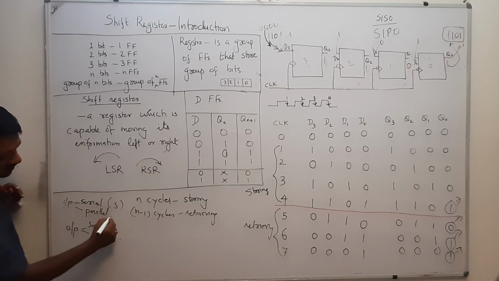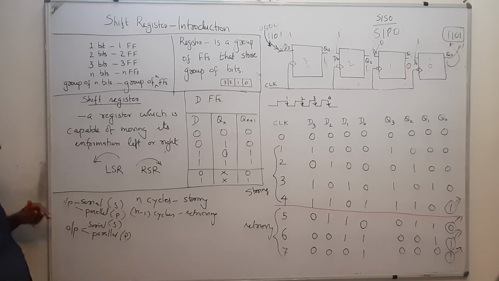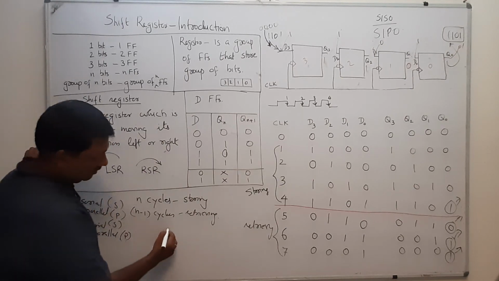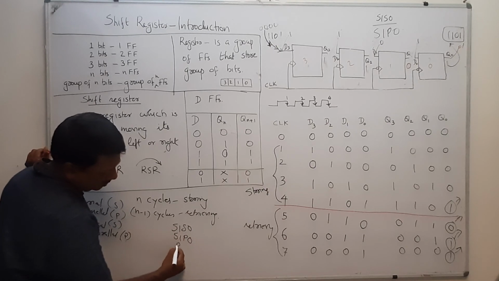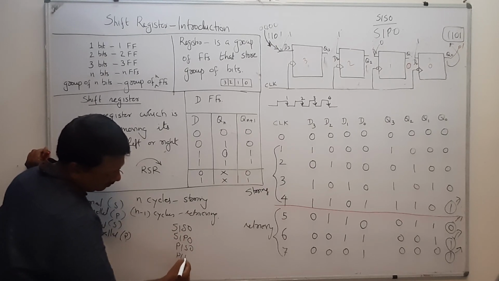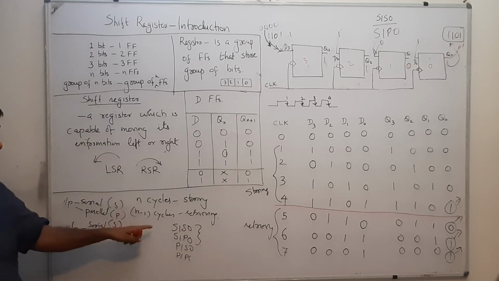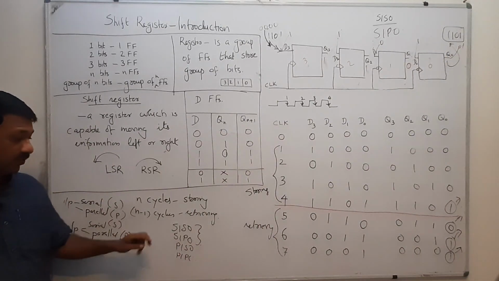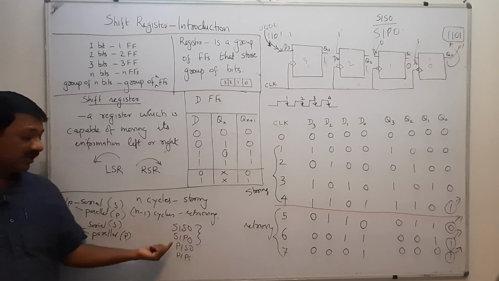That means this is S, this is P, this is S, and this is P. Then using that, you have 4 different combinations. That means SISO, SIPO, PISO, and PIPO. So we have discussed this, and we have discussed parallel also. So at this point in time, you need to discuss only serial in serial out, and serial in parallel out.